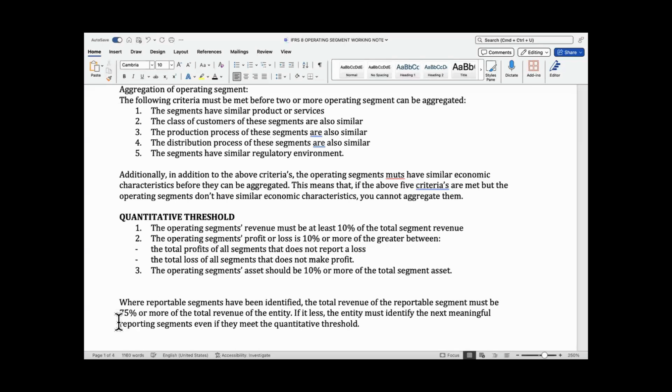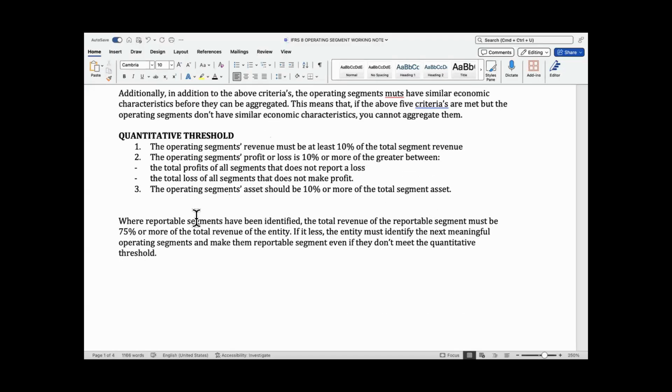operating segment and make them reportable segments, even if they don't meet the quantitative threshold. It doesn't necessarily mean the next biggest operating segment, but the next meaningful operating segment.